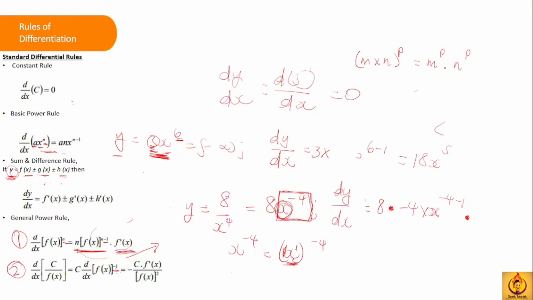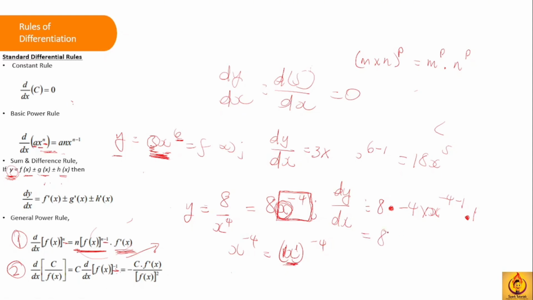And we know that the derivative of 1x will be 1 multiplied by 1 multiplied by x to the power 1 minus 1, which will then be 0. And then that will be x to the power 0, and anything to the power 0 will be 1, multiplied by the constant in front of x, which is in this case 1. So here, we're going to multiply it by 1. This will then be equal to 8.